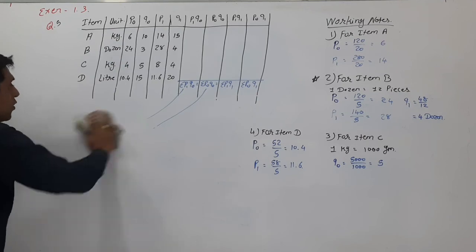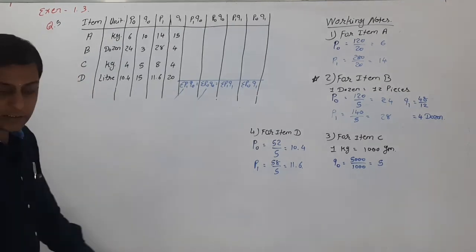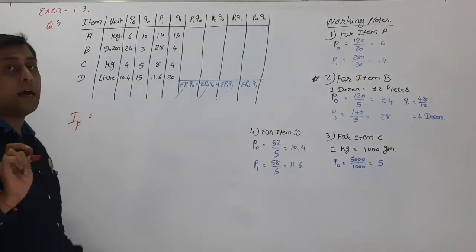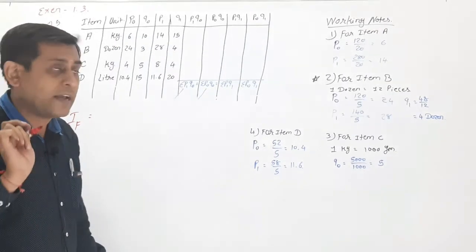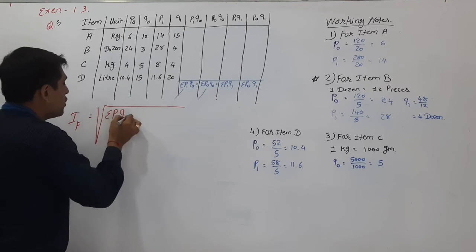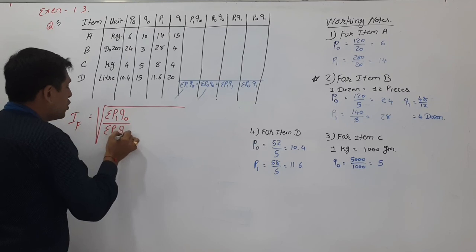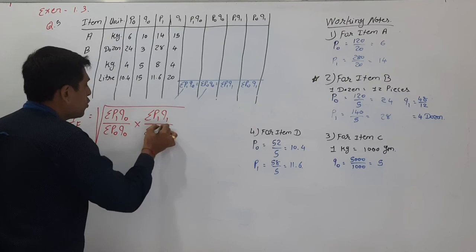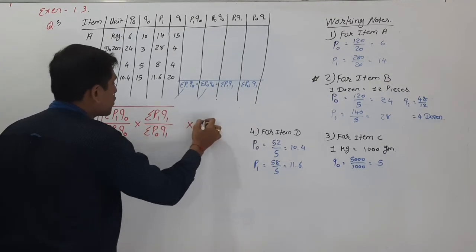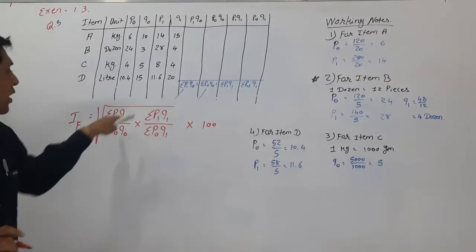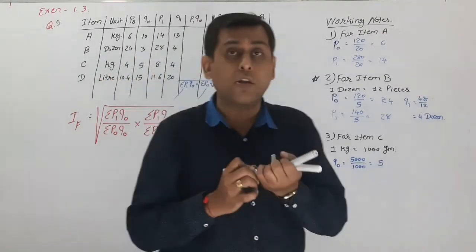We just have to write one formula, and that is IF is equal to, see here, ideal index number means Fisher's index number, and we have to write this one: sigma P1 Q0 upon sigma P0 Q0 into sigma P1 Q1 upon sigma P0 Q1, and after that, the square root, multiply with 100. We just have to put all four values here, then find out the square root and then multiply with 100, and we get the answer.